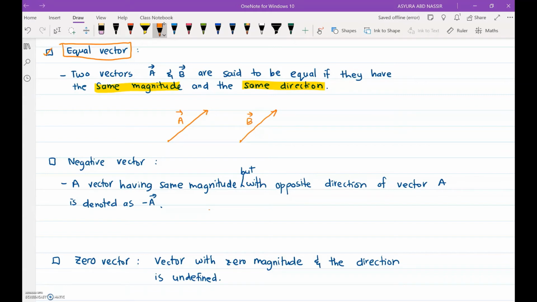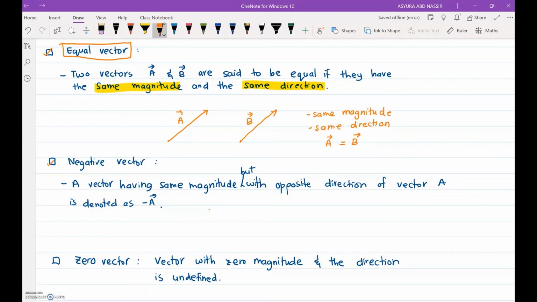Since vector A and vector B have the same magnitude and same direction, we say that vector A and vector B are equal. So vector A equals vector B.